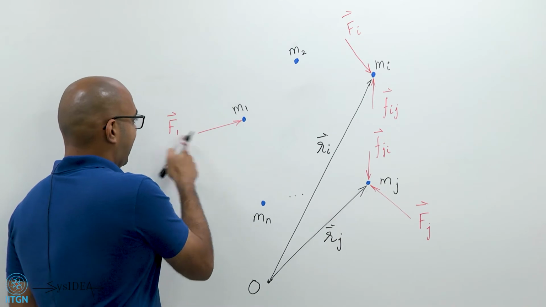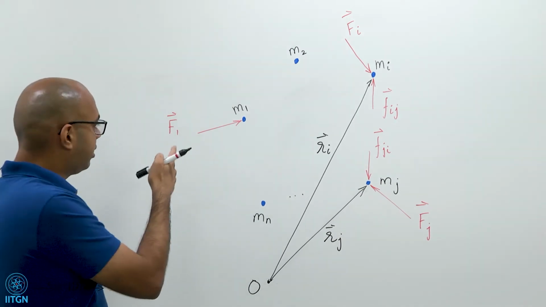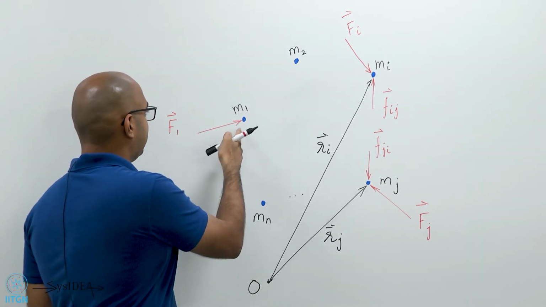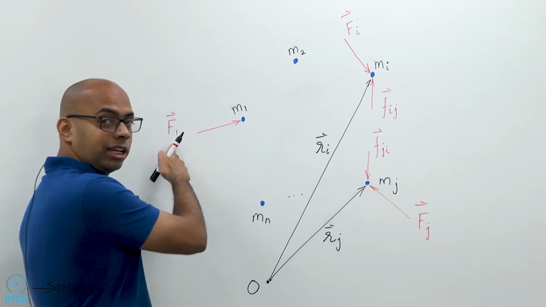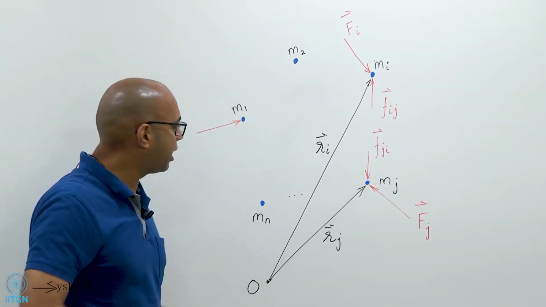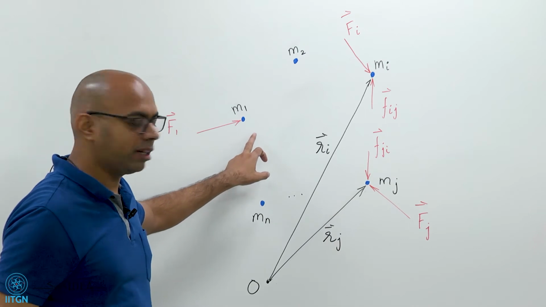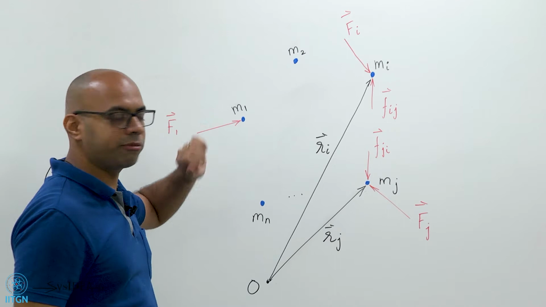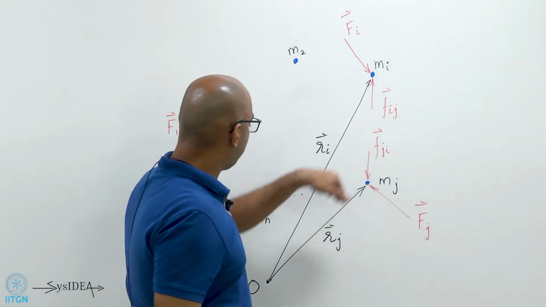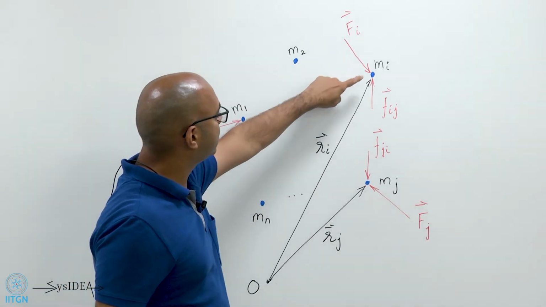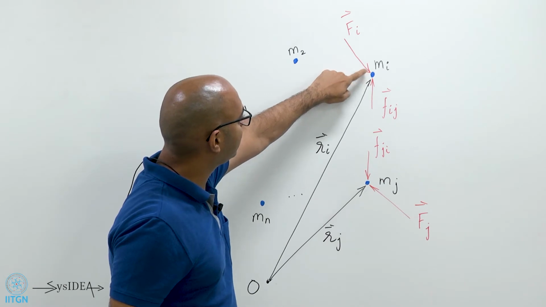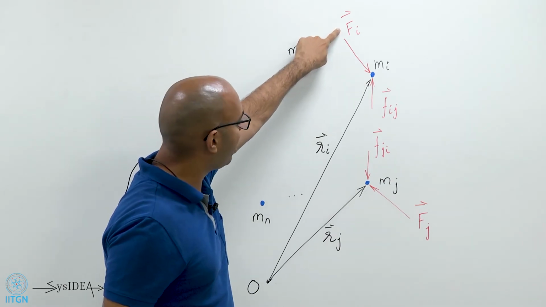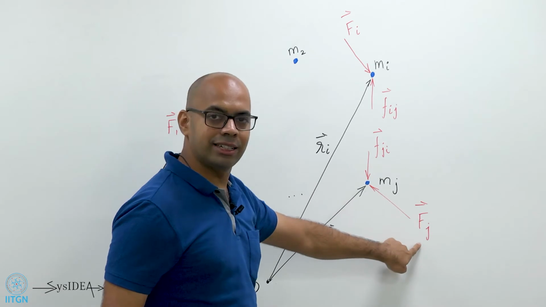Now, the total external force, the resultant external force acting on particle 1, I am calling F1. Again, remember, there could be multiple forces acting on m1, but the resultant of all of that is what I am calling F1. Likewise, on each of these you could have external forces. So, on the ith particle, let us say the total external force is Fi, and on the jth particle it is Fj.